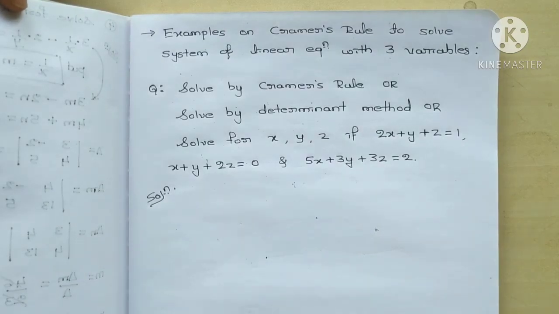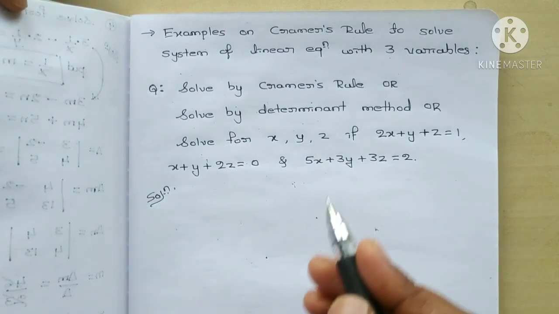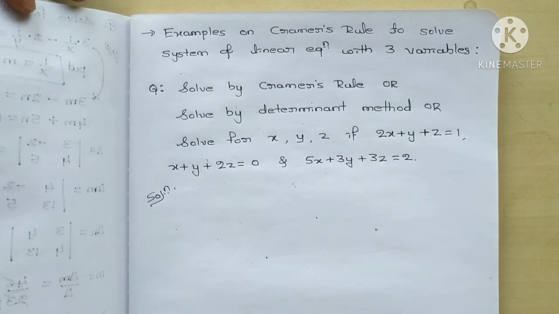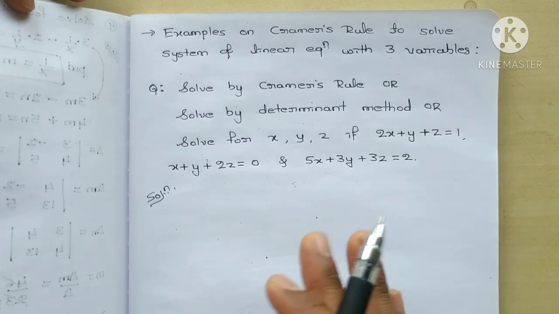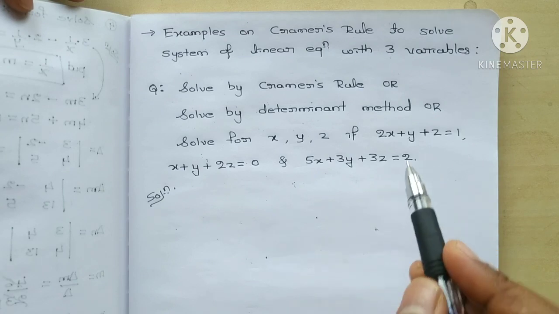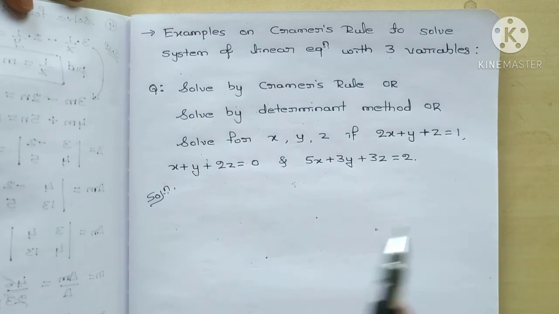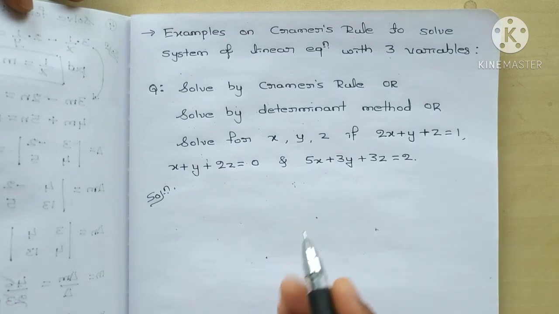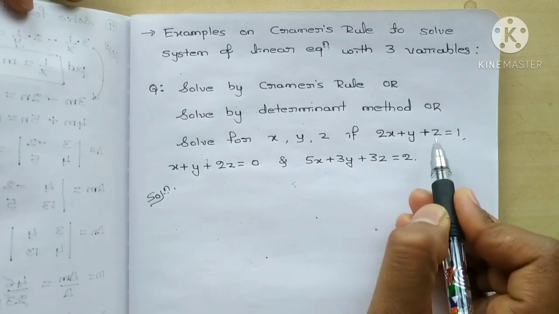See, whenever you are solving by Cramer's rule or determinant method, in the previous class I already told you what to do. You have to bring it into the standard form. Otherwise you have to check whether the given question is in standard form or not.